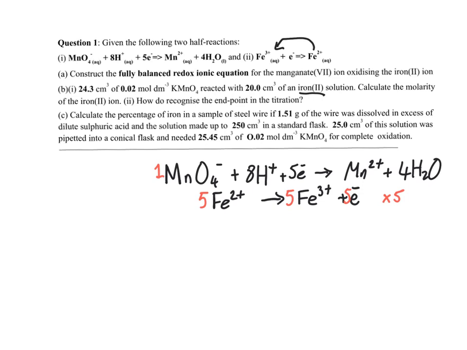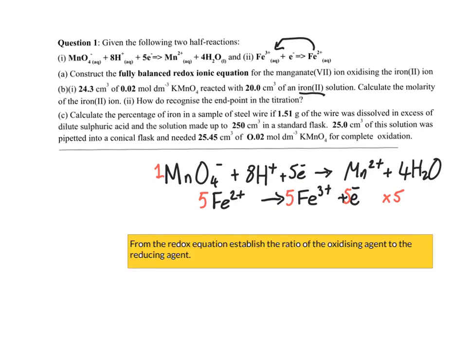That is the important thing to establish, the ratio of the oxidizing agent to the reducing agent. So as we've already established, the ratio is 5 Fe2+ ions to every 1 manganate 7 ion.